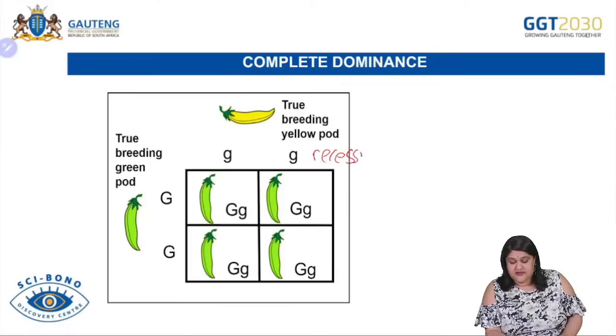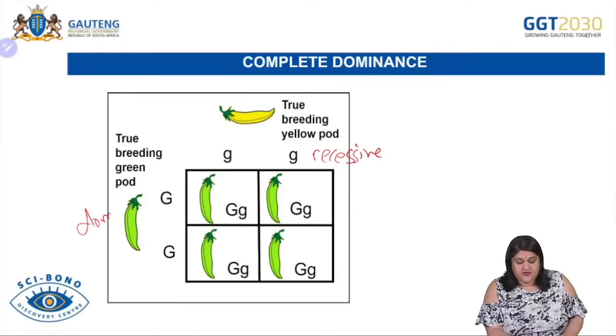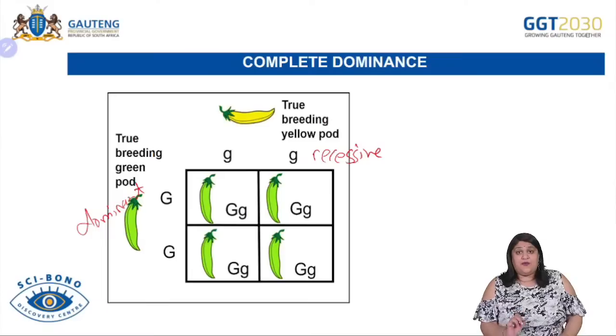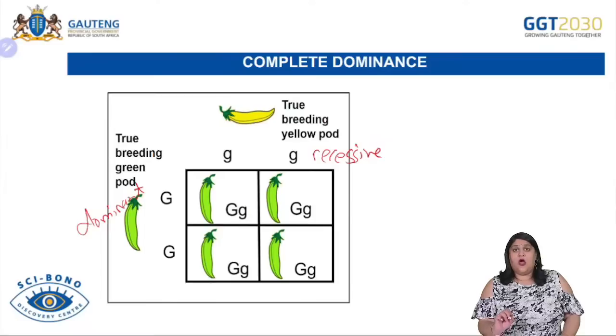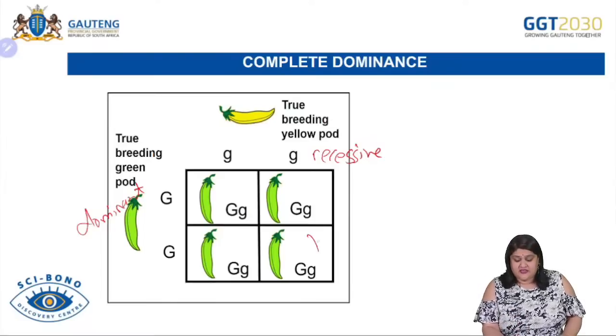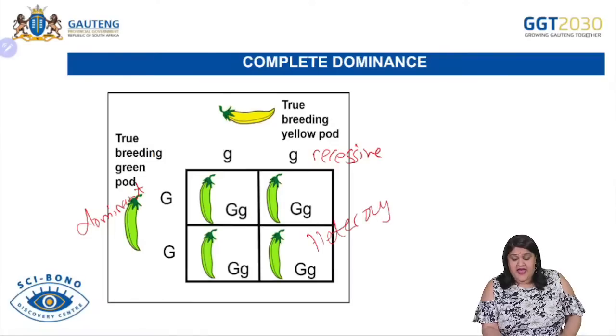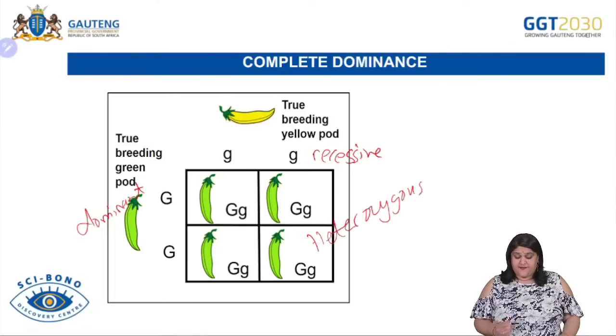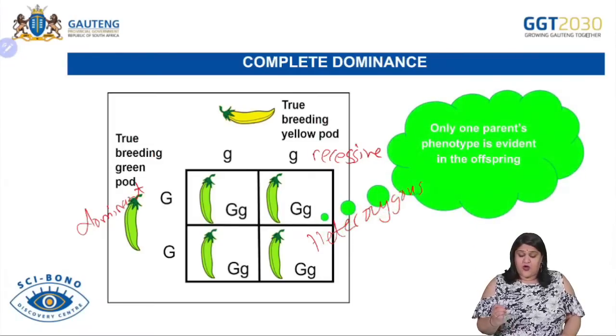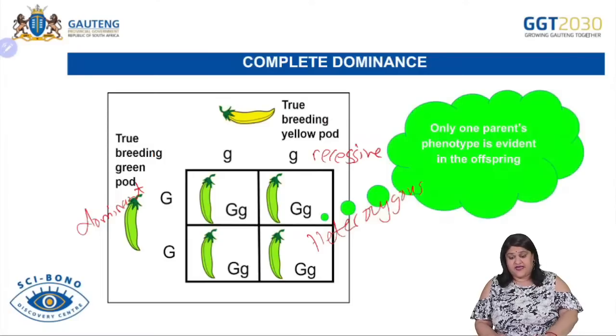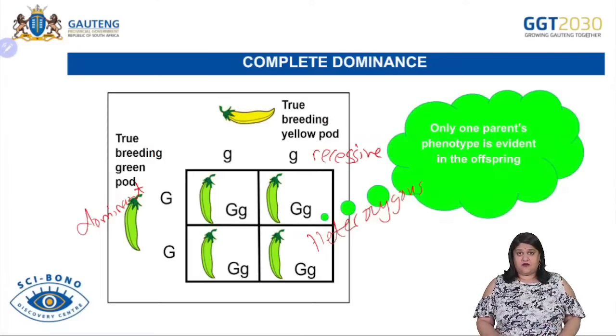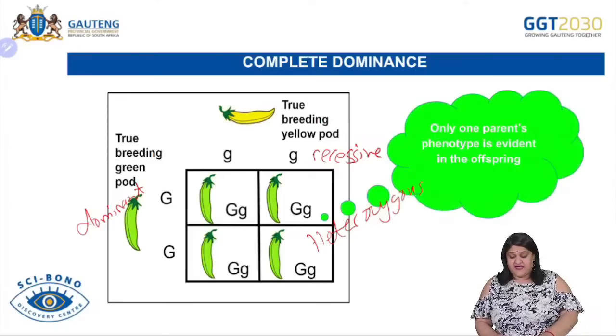So when we have the homozygous dominant crossed with the homozygous recessive individual, all the offspring will be heterozygous. And also, more importantly, only one parent's phenotype will be evident in this offspring. The one that is evident, in this case, will be the dominant allele, because it's heterozygous.